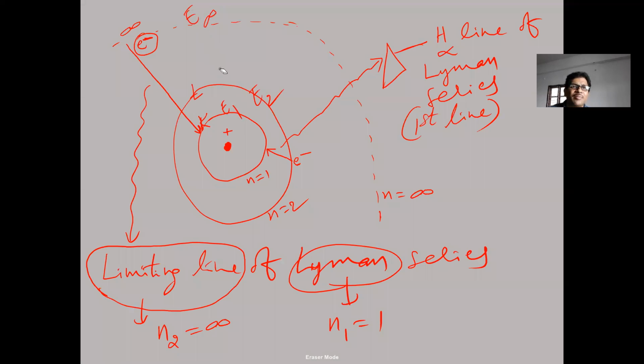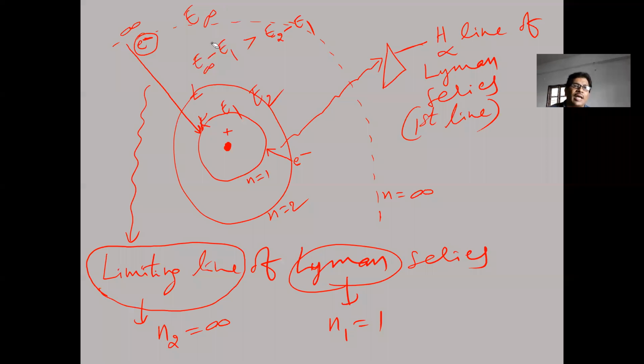E infinity minus E1 will be greater than E2 minus E1. The difference between energies of the first and second orbits will be lesser, but the difference between the first orbit and the infinite orbit will be greater.